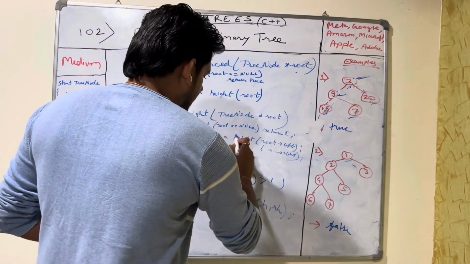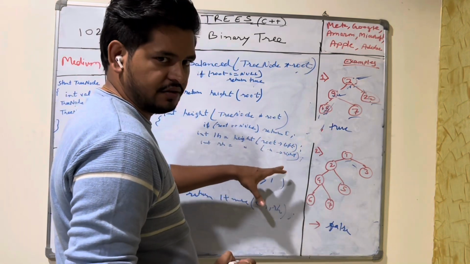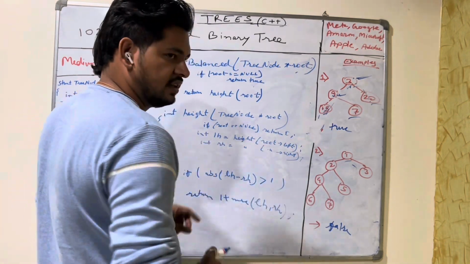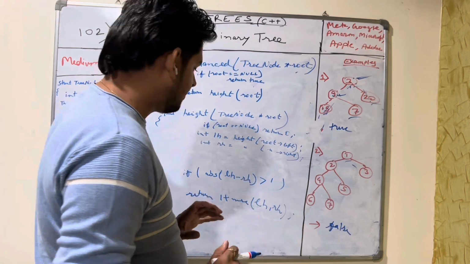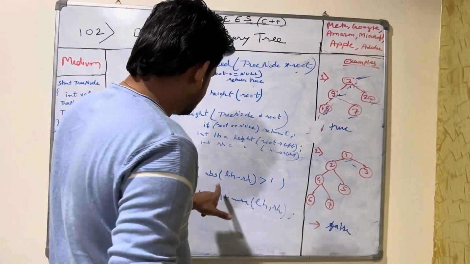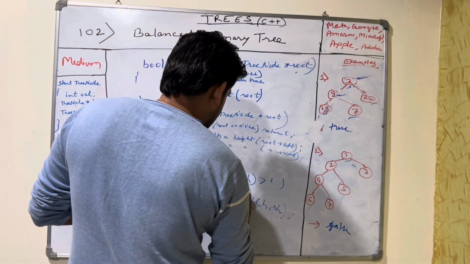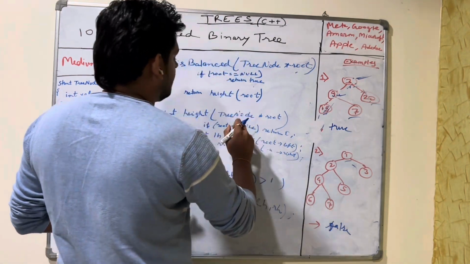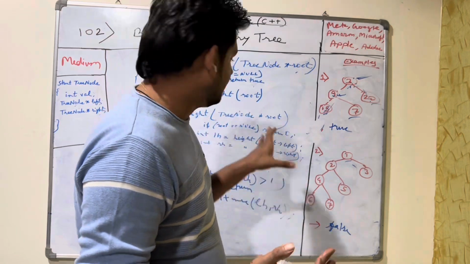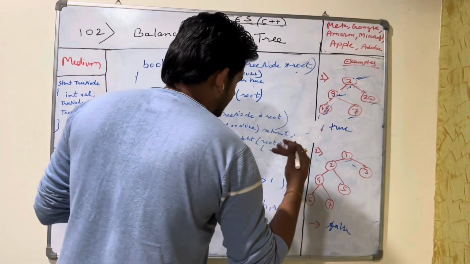This will be called every time for height of root left, and every time this would be checked, the LH and RH values would be different. So whenever we see that this is greater than 1, we return something which cannot be a height. What is the minimum height of a binary tree? 0, if root is null. So let's return -1, -10, -100, anything.